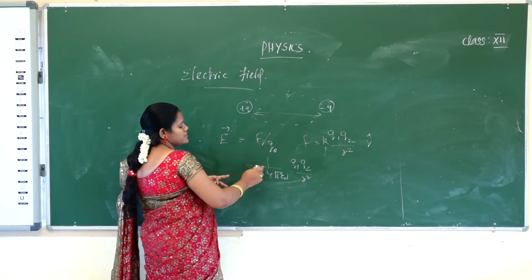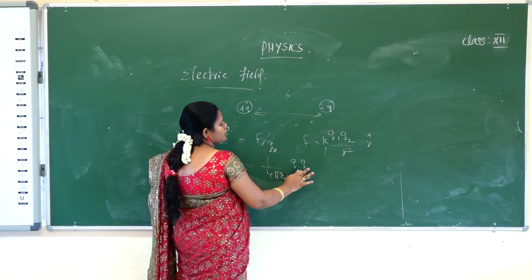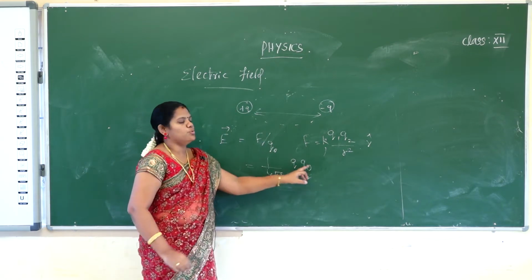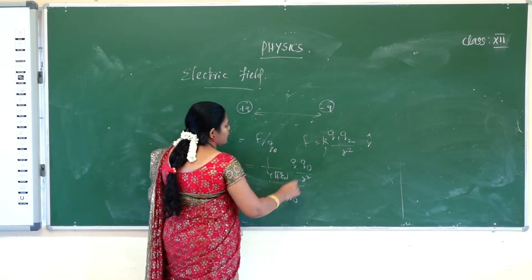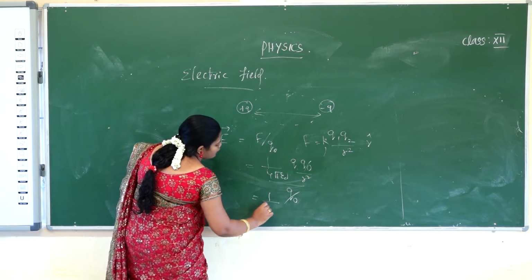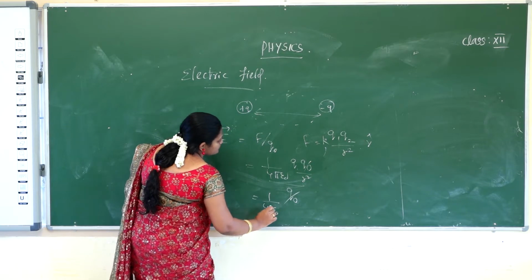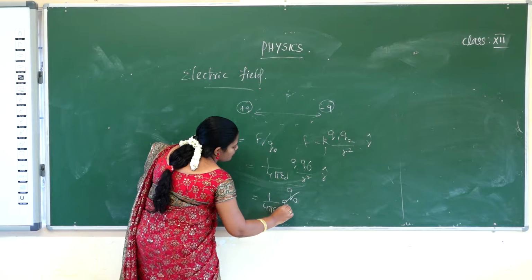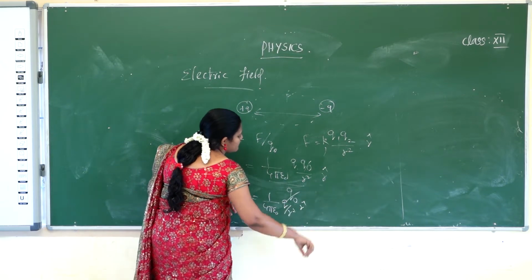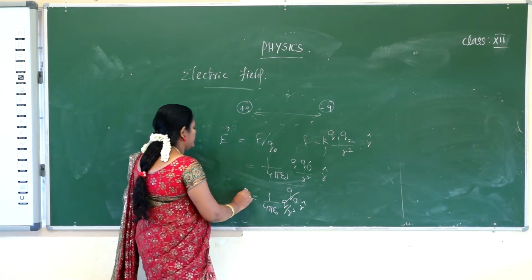Consider one as the charge and the other as the test charge, so Q Q naught by R square, divided by Q naught. So Q naught cancels, and we get 1 by 4 pi epsilon naught Q by R square into R cap. That is the formula for electric field.